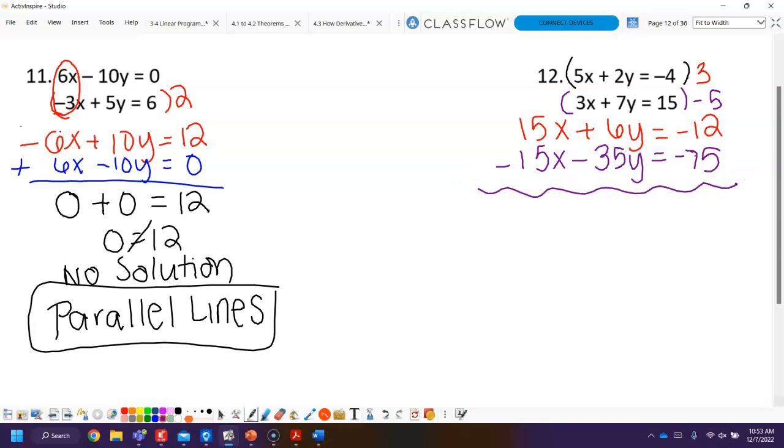If I were to eliminate y, I would multiply this by 7 and this row by 2, because that way those two numbers become the same number. Here, I only had to multiply one row because 3 could get to 6. So you don't always have to multiply both. Does that make more sense? Because I want one to be positive and one to be negative. That way when I add them together, they become 0.